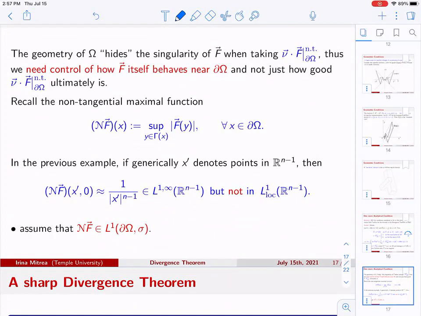So the type of condition we're going to impose is on the non-tangential maximal operator, which takes the supremum of F of y over y belonging to the non-tangential region generated by the boundary point x. We're going to ask that this non-tangential maximal function is in L1.